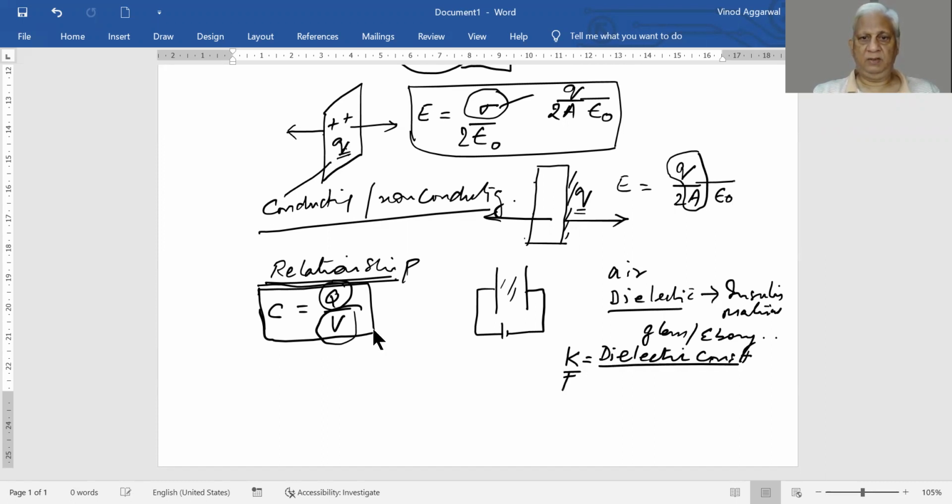Higher the value of K, high K means more insulating.